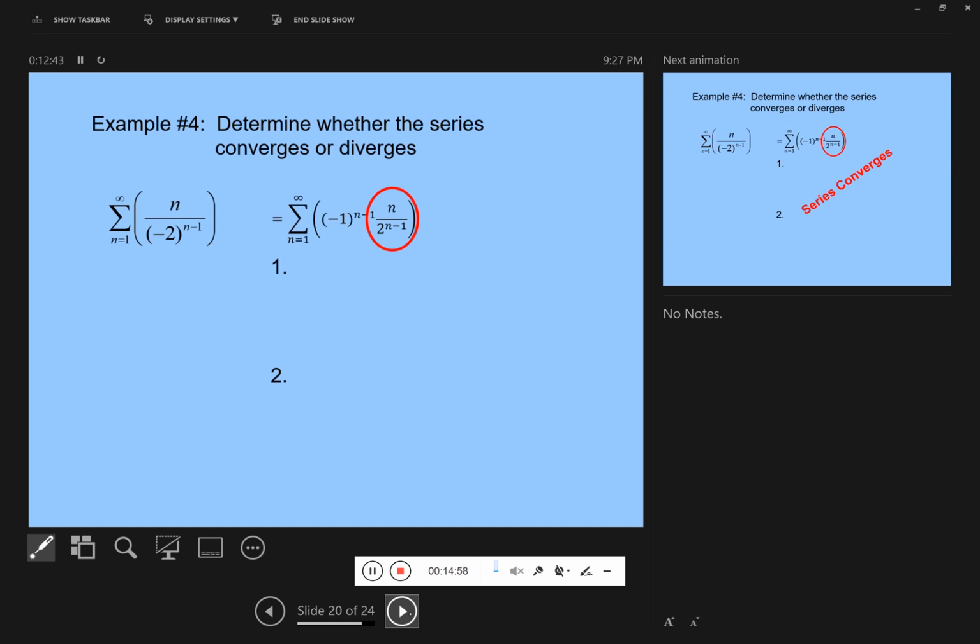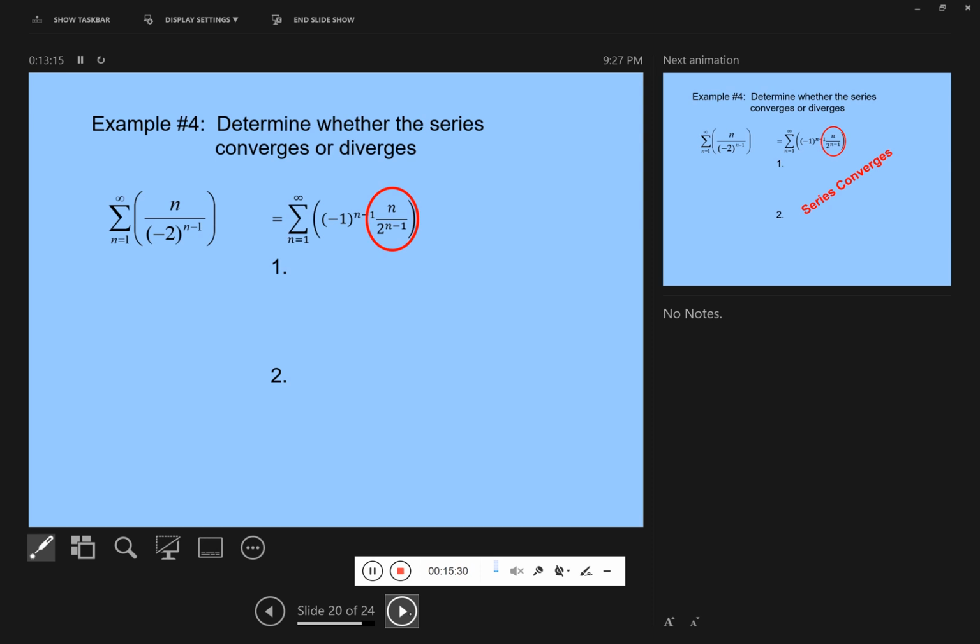And if I just look at that part right there, not even the alternating, do you see that that part is going to be a converge? Why? Well, you could go back to what we talked about before, where you're comparing how fast the numerator is increasing compared to how fast the denominator is increasing. If you have n, which is linear, and in the denominator you have 2 to the n, that's exponential.